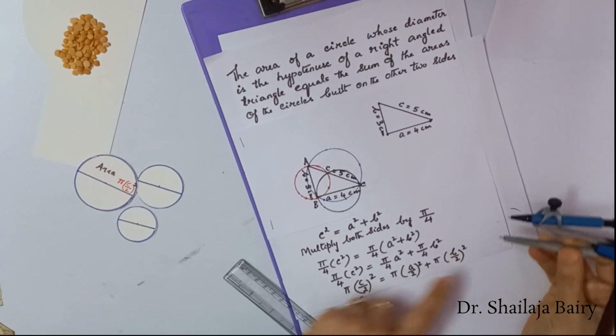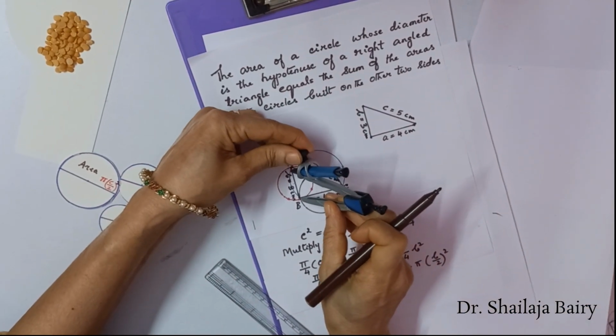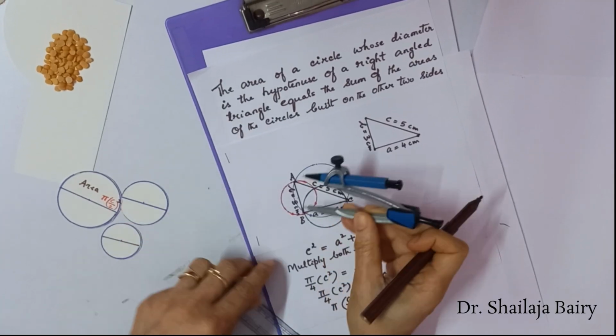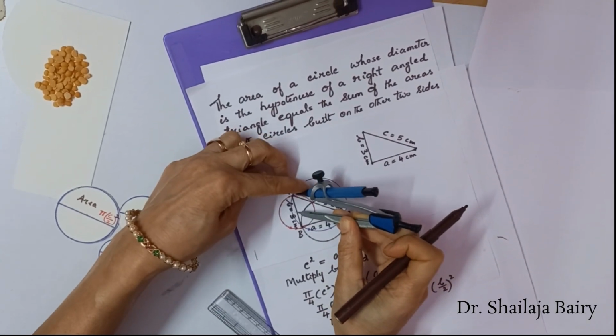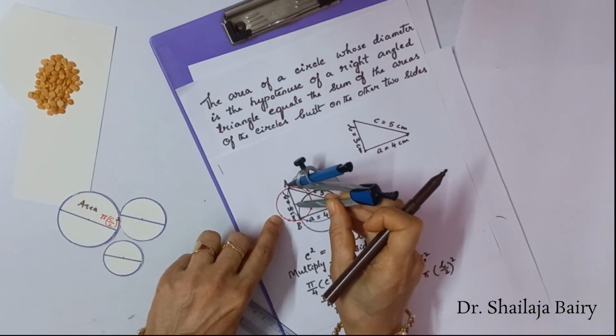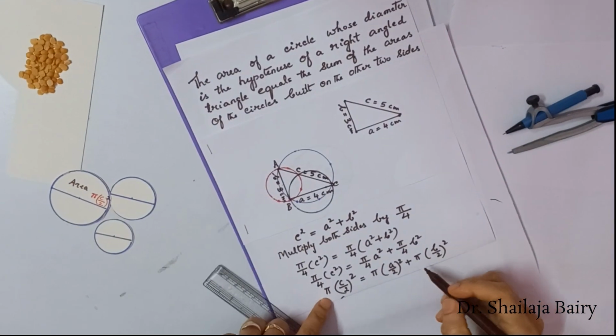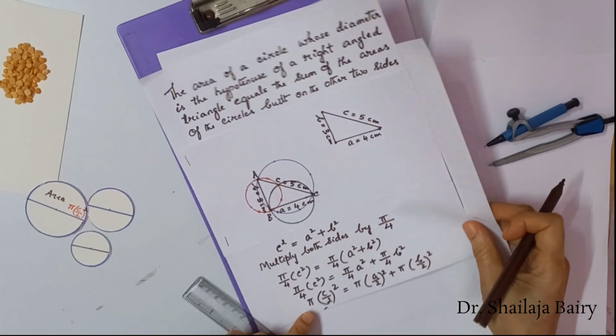Pi into b by 2 whole square is this red circle whatever is drawn. We have seen that 3 units is the diameter and 1.5 is its radius, and the circle drawn with the height as diameter has area pi into b by 2 whole square.